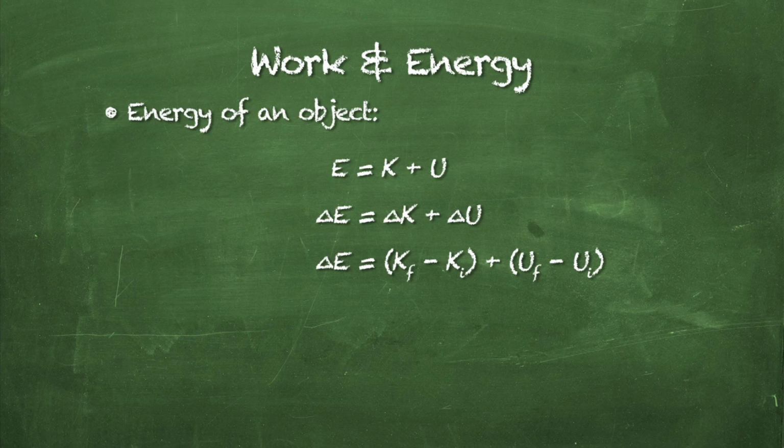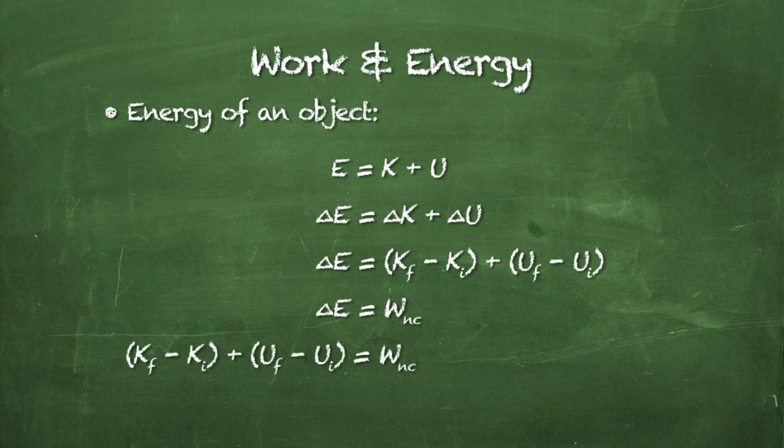And finally, we bring in the idea of work, or the change in energy is the work done by non-conservative forces. And we can put that all together. We have change in energy twice, and we put both of those together to derive the equation.